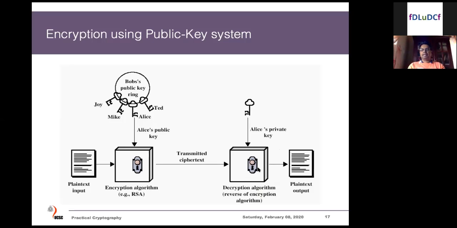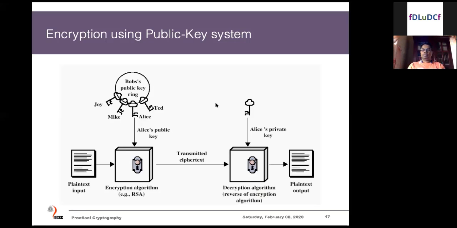Then the recipient can apply his private key and get the information. So that's how the system works. For example, if Bob wants to send data to Mike, Bob has to use Mike's public key to encrypt the data and send it to Mike. Mike can then decrypt it using Mike's private key, right? So in this communication, each and every party needs a key pair.